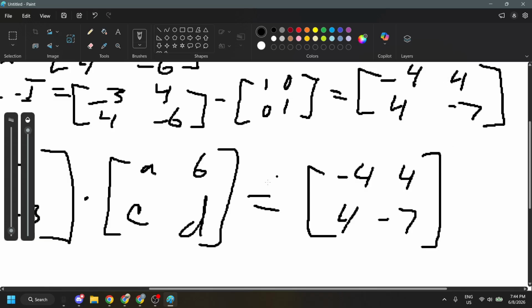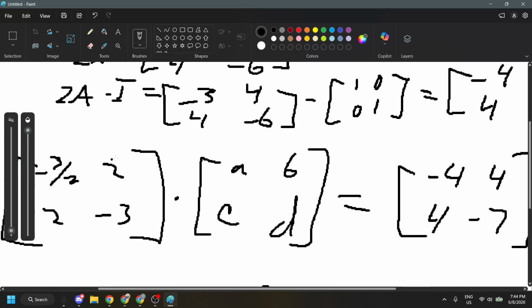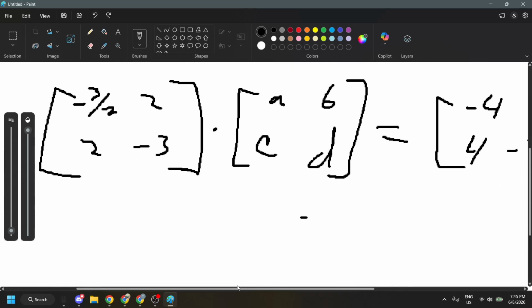Okay, matrix multiplication. The first element here is equal to this times this plus this times this. Okay, I'm gonna write that down.